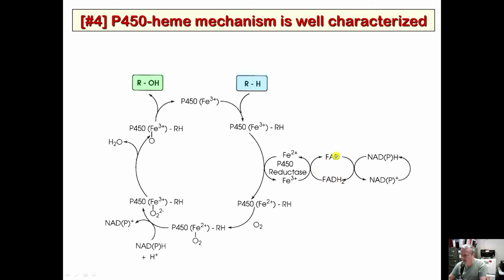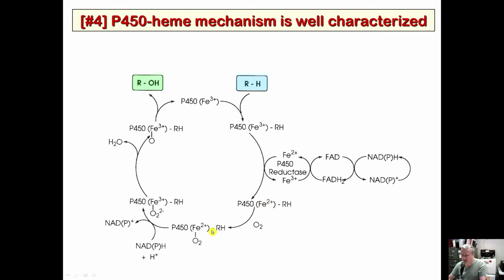And then in a cascade, the FAD plus, the oxidized form, gets re-reduced using NADPH and NADH. You see this kind of stuff all the time in biochemistry. Anyway, iron 3 got reduced to iron 2.